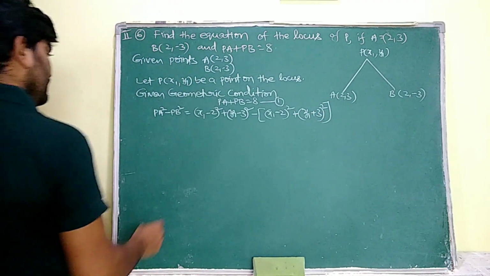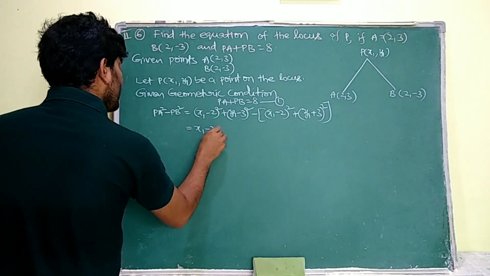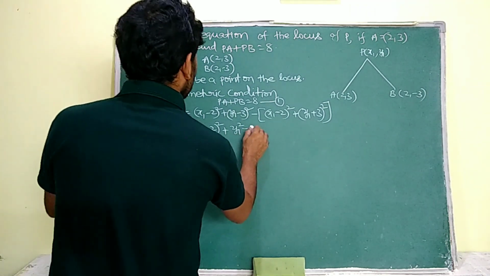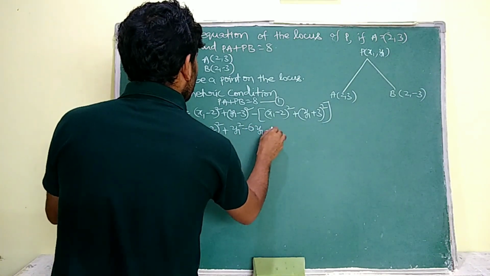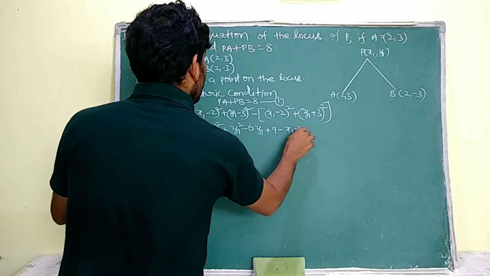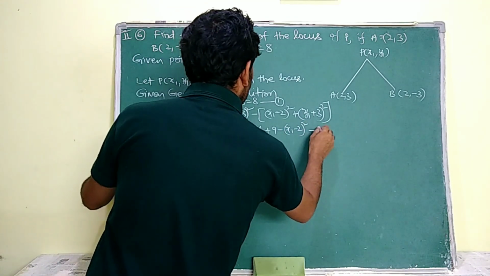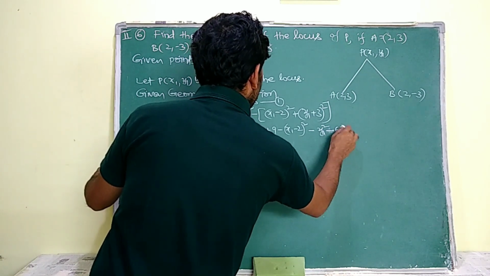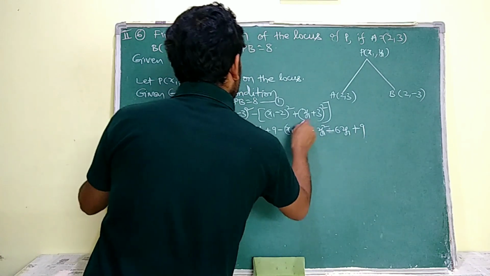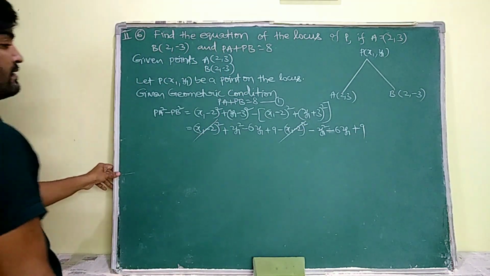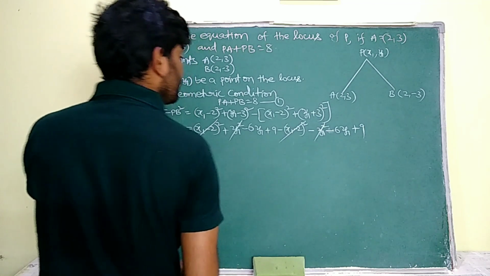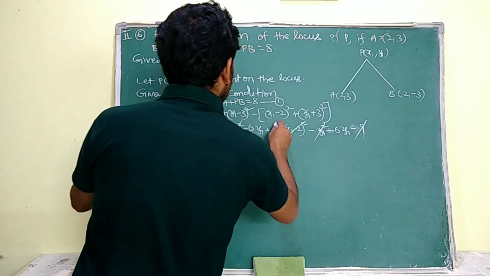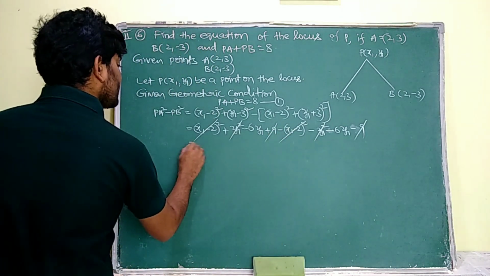Now while simplifying this, x1 minus 2 whole square plus y1 square minus 6y1 plus 9 minus x1 minus 2 whole square minus y1 square minus 6y1 plus 9. These two are going to be cancelled and y1 square are going to be cancelled. This plus 9 becomes minus 9, plus 9 minus 9 are going to be cancelled.